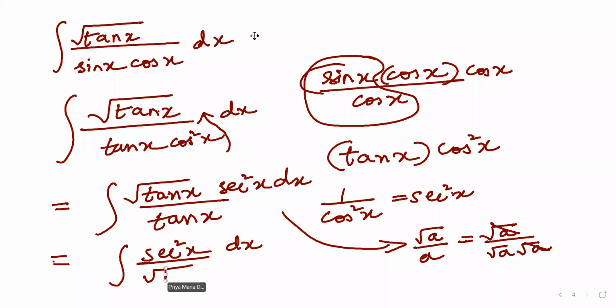And now you see what happens. So this would be the integral of secant square x dx over root of tan x.